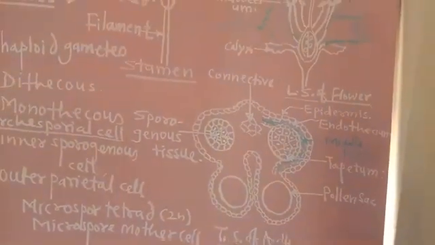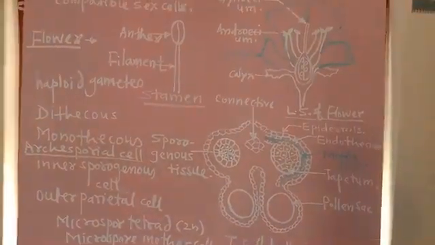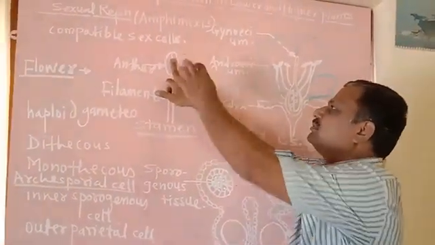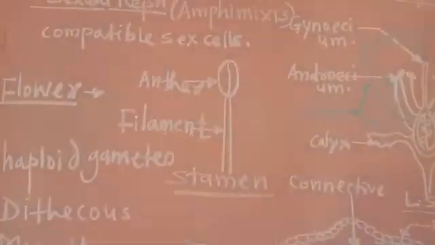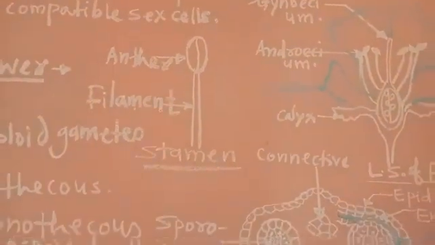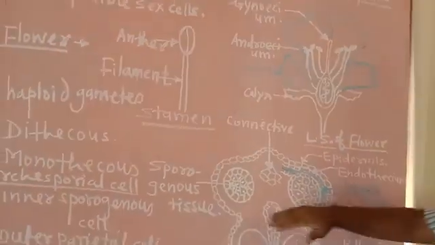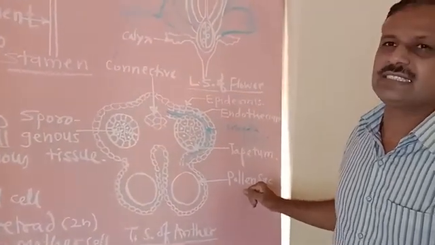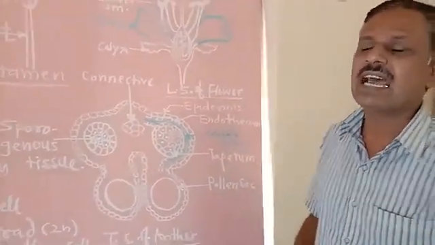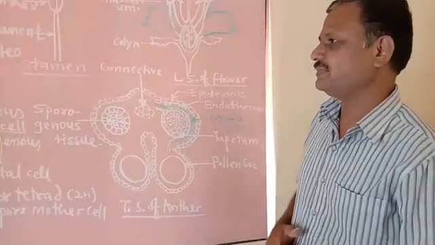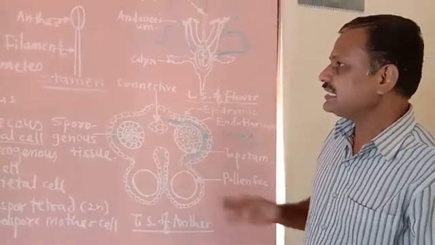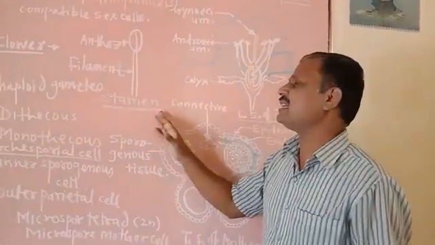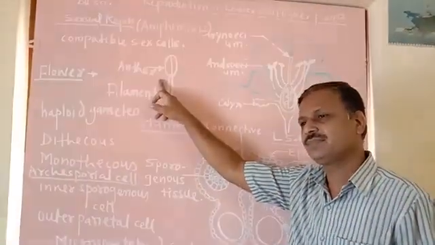Monothecous anther includes a single lobe and consists of 2 pollen sacs, also called disporangiate. This is the general description of the anther.